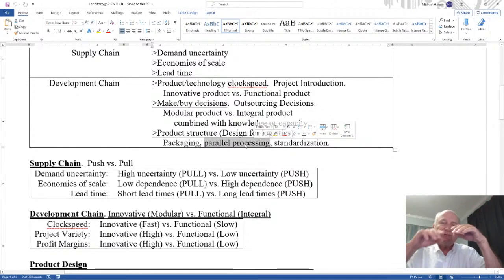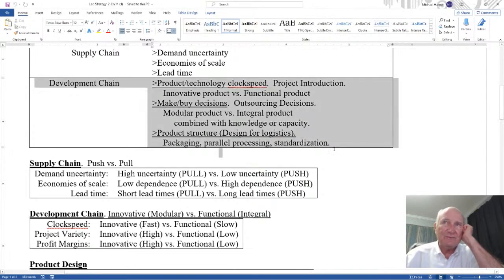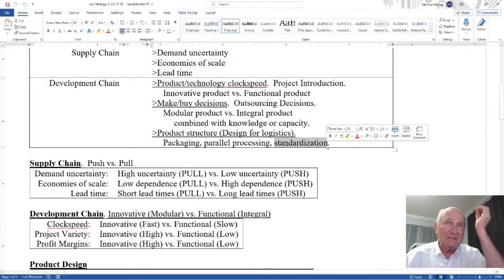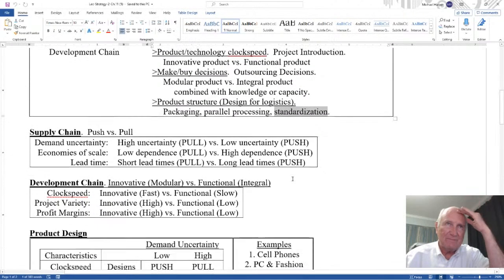You don't just produce everything linearly in series if you can help it. You can redesign your production process to break these up and do them in parallel, and you can produce things faster. And finally, standardization. Today we're going to see standardizing four different things, and standardizing will make things much more efficient. We'll see what that is in just a second.